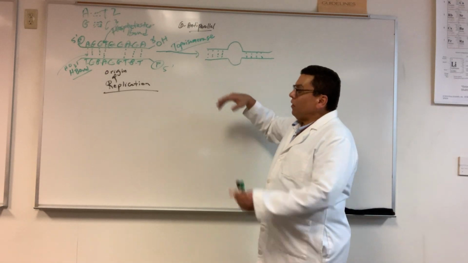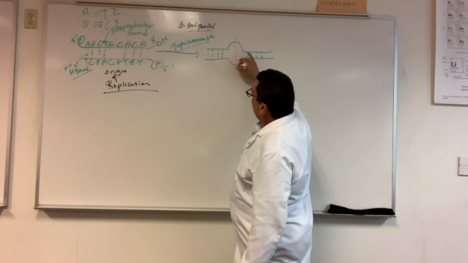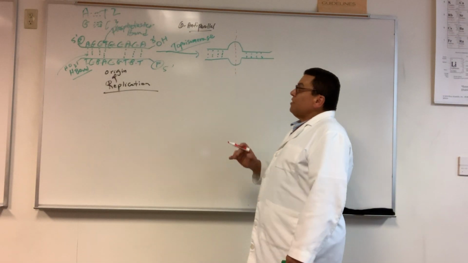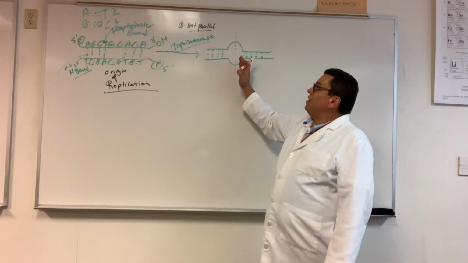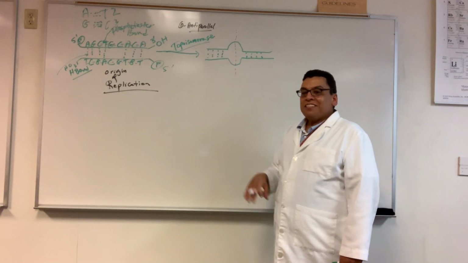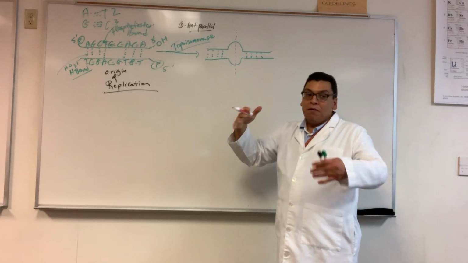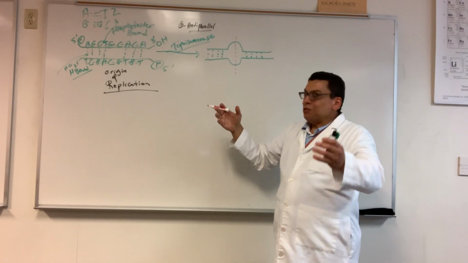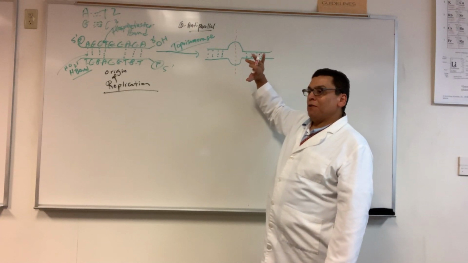Now, this bubble here, you can pretend or imagine as if there's a mirror in the middle. Interestingly, whatever happens on this side is going to happen on this side. It's like a mirror in the middle. What happens on this side, but it's upside down.